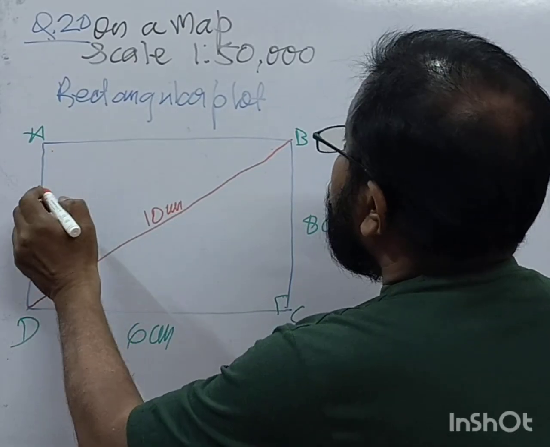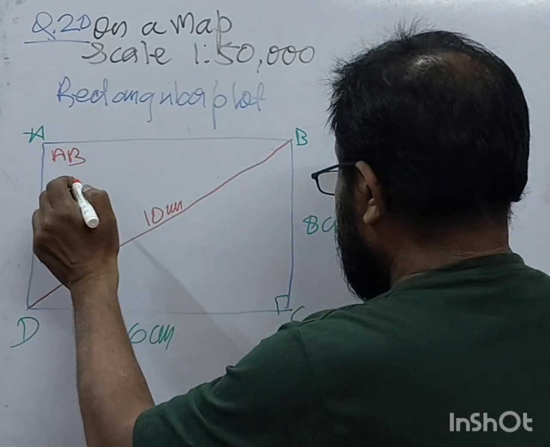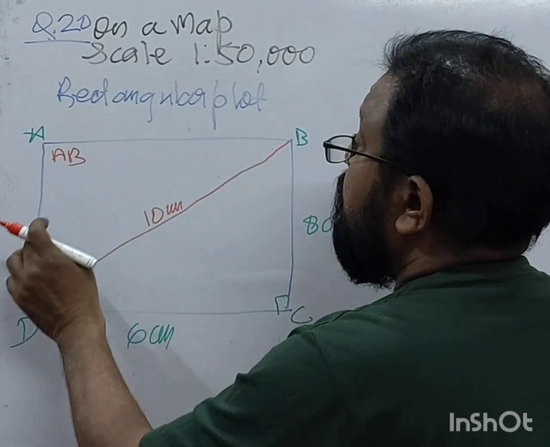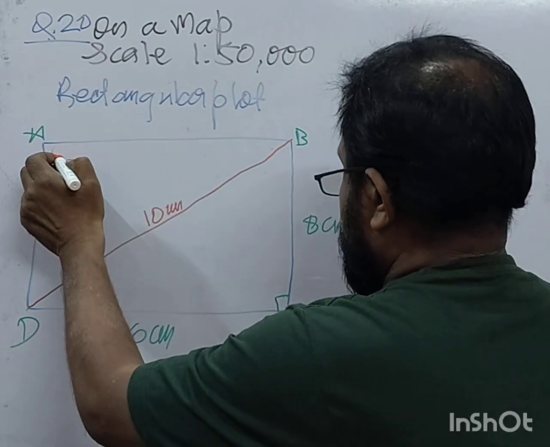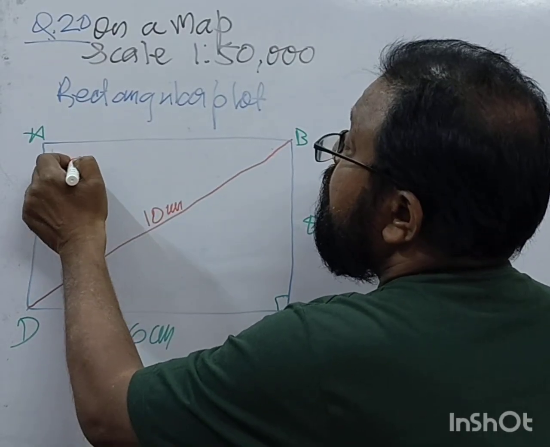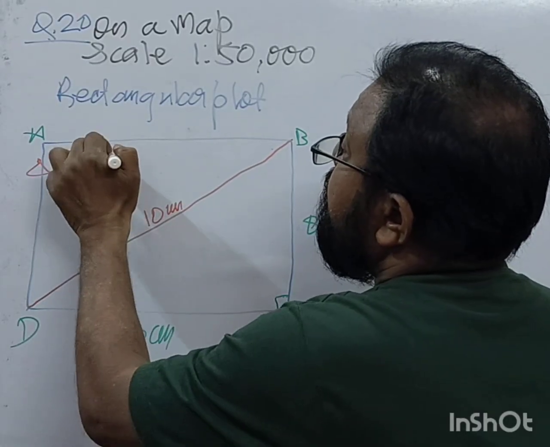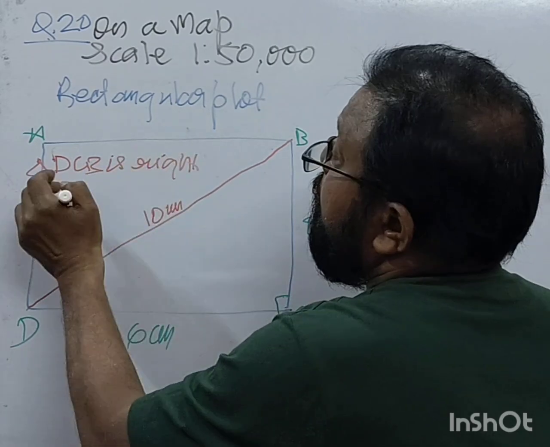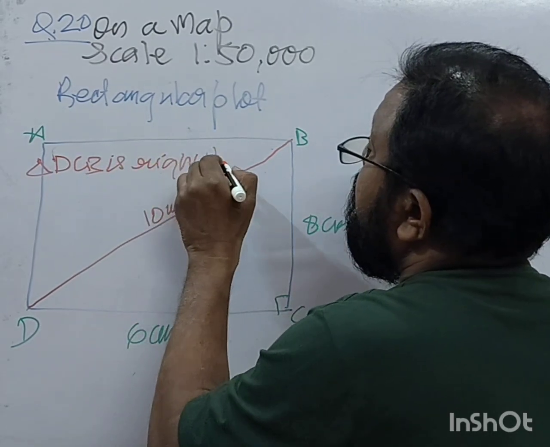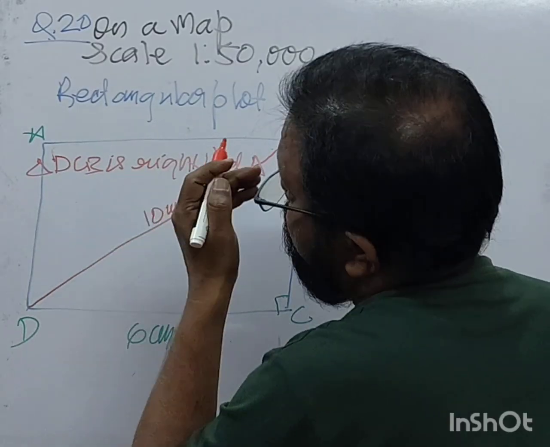So we can write here B D C B. Triangle DCB is a right angled triangle.